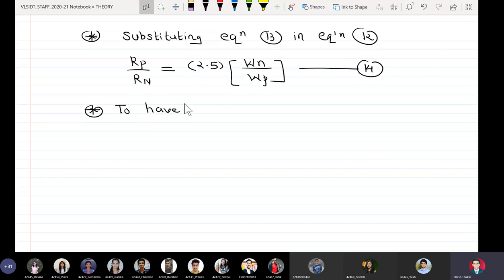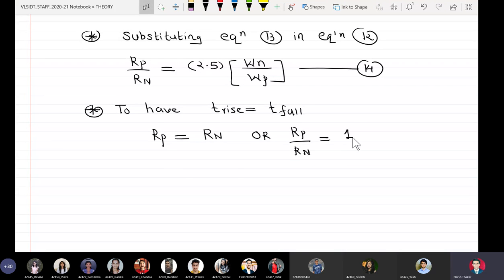Again, the third time I am repeating, to have T rise equal to T fall, RP should be equal to RN, or we can say RP upon Rn equal to 1.